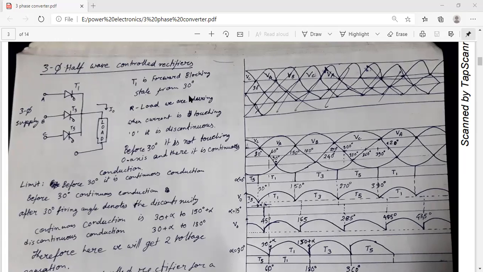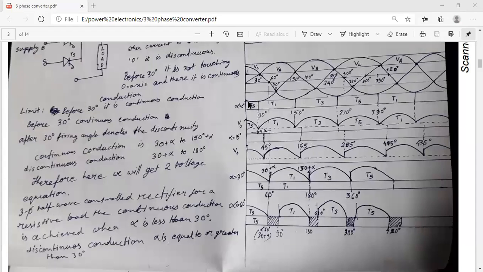So here, when T1 is on, it will be in the forward blocking state, and it will start from this state. This is our conduction sequence diagram. That is the three-phase supply.